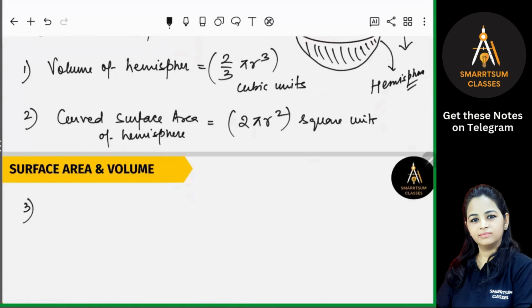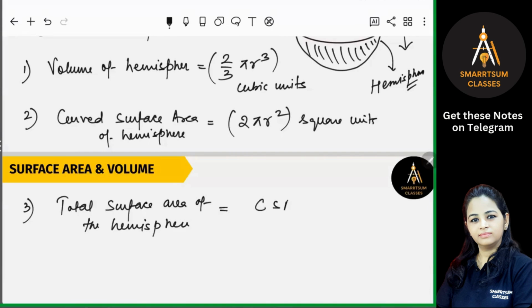Now, the third formula for the hemisphere is the total surface area. You get the total surface area of the hemisphere by adding the curved surface area plus the base area. The curved surface area is 2 pi r square, so write down 2 pi r square here.